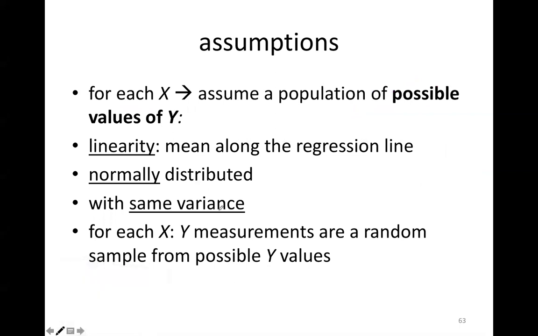Okay, so we also have to, of course, think about the assumptions of this parametric test that we're running. We already discussed these briefly, but now we'll be dealing with them in more detail.